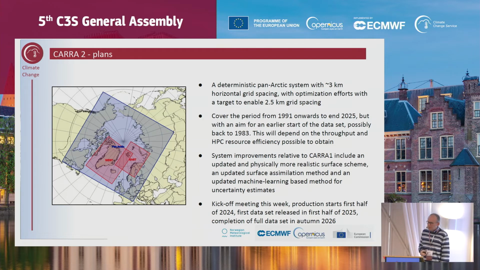If we are able to do this efficiently on the HPC resources, we can go down to 2.5 kilometer grid spacing, and even earlier from 1993. There will also be some improvements in the system configuration, and there was a kickoff meeting this week for the project. And the first batch of data is planned to be released in the first half of 2025, and the full data set in 2026.